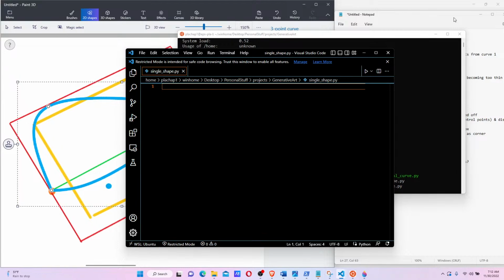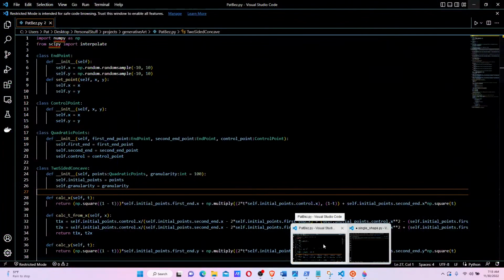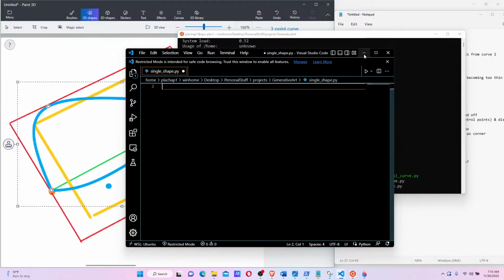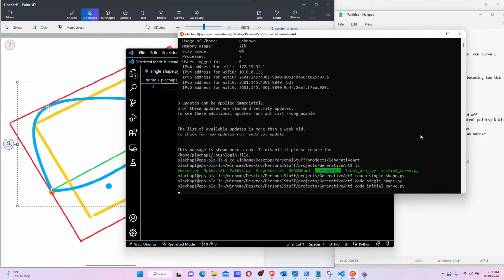Pi, what's the first thing we want to do? If I go look at this other file, well, I could just go into my initial curve file and see how I draw that.